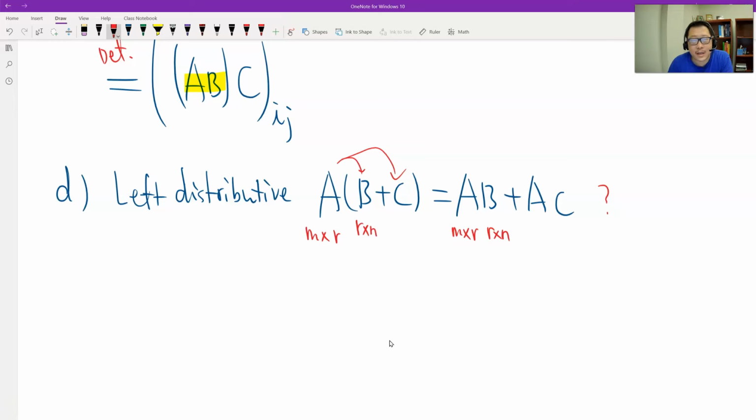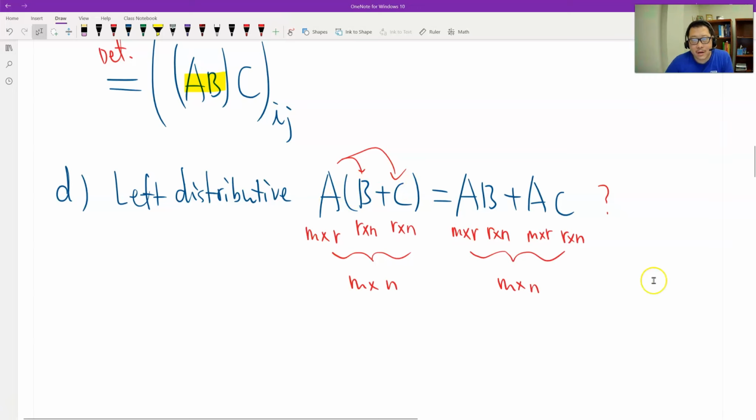And then we can do addition, so C has the same size, r by n. So A is m by r, and C is r by n. Can you see the size is good? Because here, what do we get? This is m by n, the right size. You can do the same on the other side. This is also m by n. So the sizes are the same.